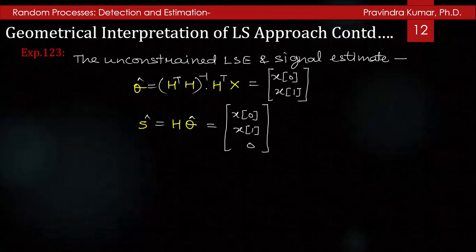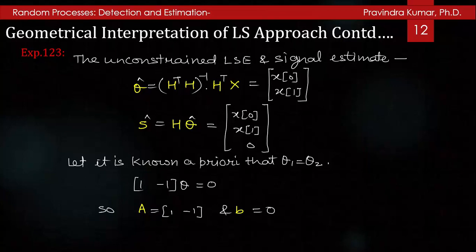It will be the column matrix x0, x1 and 0. It is known a priori that theta 1 is equal to theta 2. Express this constraint in matrix form. We have 1 minus 1 theta is equal to 0. So A is equal to the vector 1 minus 1, and B is equal to 0.